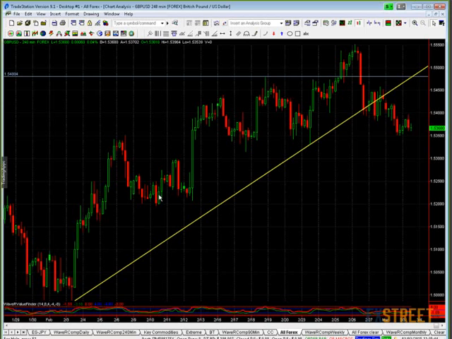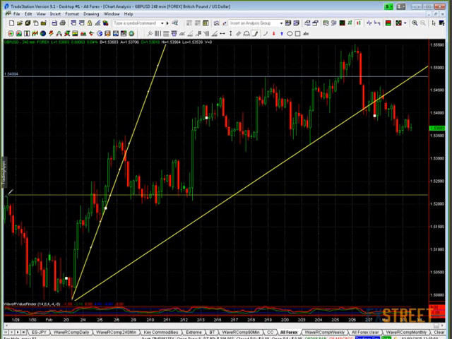So if we now look at price having gone up really quite substantially, okay, and we draw in a couple of lines. I'm going to draw in that line, and over here, okay, I'm drawing in another line.